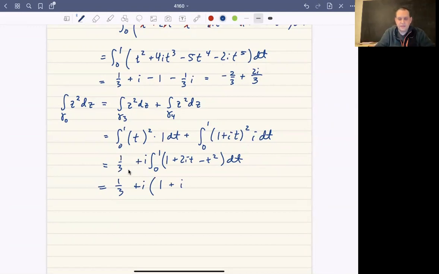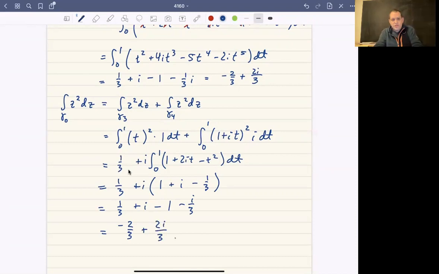And then minus t squared, so it'll be minus 1/3. That's all times i, so this works out to 1/3 plus i minus i, so plus i squared, so minus 1, and then minus i over 3. And lo and behold, as you might have already guessed, this is the same negative 2/3 plus 2i over 3.